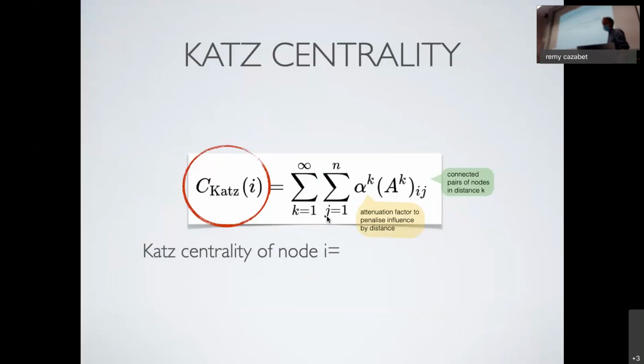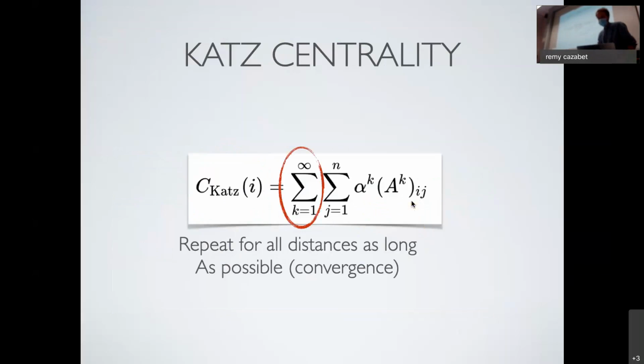So it's defined in this way, and I will detail the formula. The Katz centrality is defined by this formula, which is doing the sum for all distances as long as possible. So we will make a computation for all nodes at distance 1, then a different one for all nodes at distance 2, then again at distance 3, and so on and so forth.